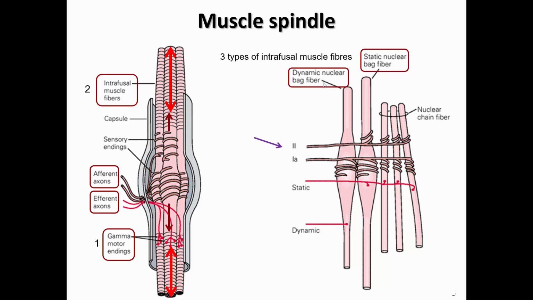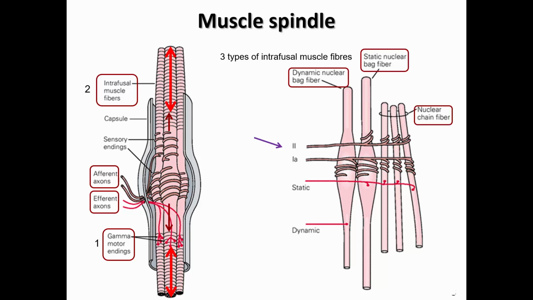So the dynamic nuclear bag fibers are the muscle fibers named according to the location of the nuclei, but are particularly responsive during a dynamic muscle activity, so during the actual stretch of that muscle fiber, whereas the static nuclear bag fibers tend to be active when the muscle is held at a new length.